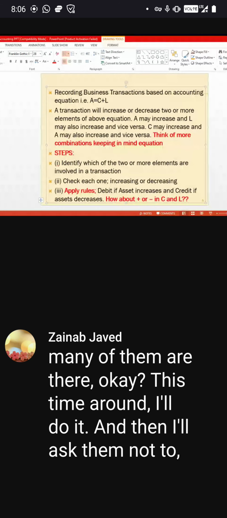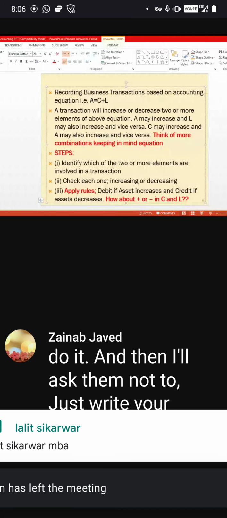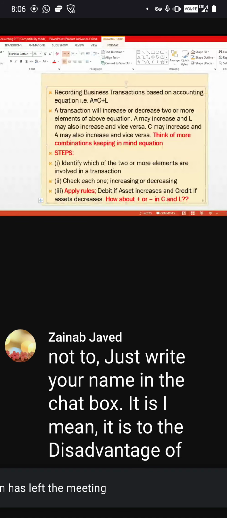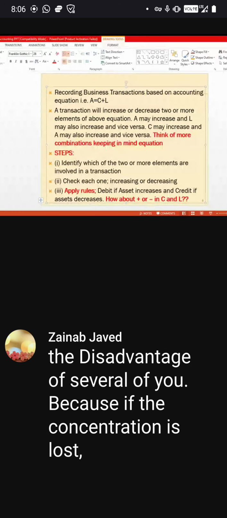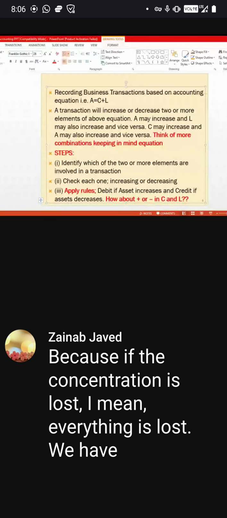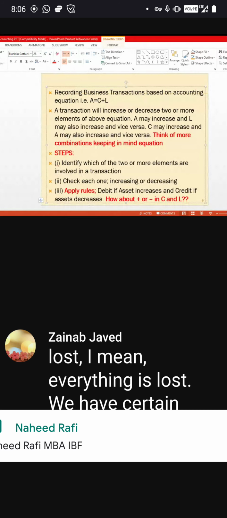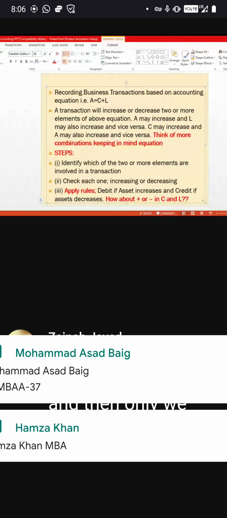Just write your name in the chat box. It is to the disadvantage of several of you, because if the concentration is lost, everything is lost. We have a certain plan in our mind, and then only we proceed. Your name is here.